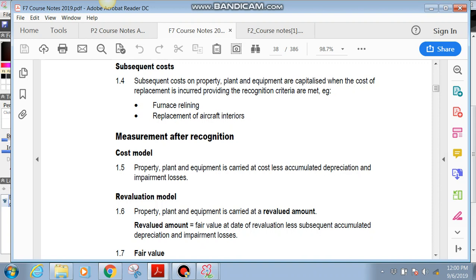An example of such costs would be where you are replacing the interior of an aircraft, or you are replacing the engines of an aircraft. Okay. These costs, they should be capitalized separately.